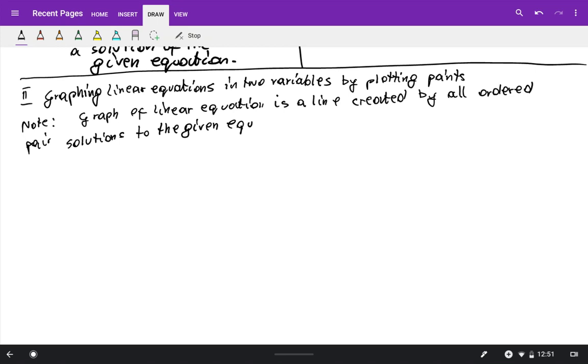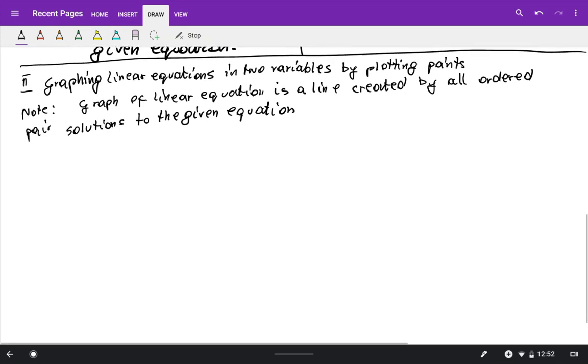So what we need to understand about a linear equation is that its graph is a straight line which has infinitely many points. So the linear equation has infinitely many solutions. That's all the points on the straight line which satisfy the equation.